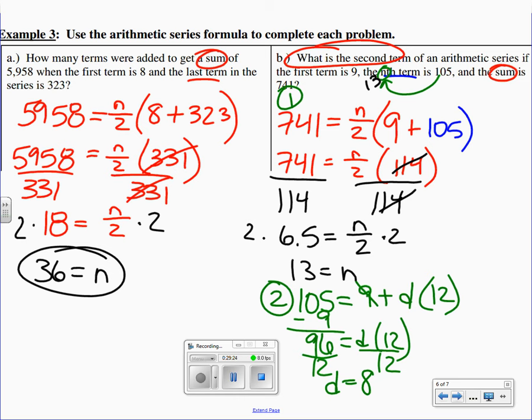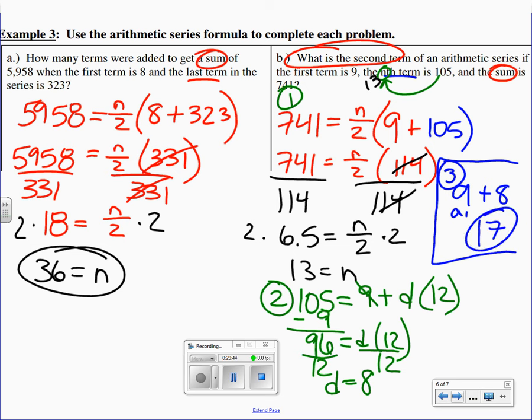Second term. Oh, yeah. Sorry, let's take the shortcut. So the first term is 9. The difference is 8, so I add 8. So this is the first term. That's the difference. What's 9 plus 8? 17. Good.